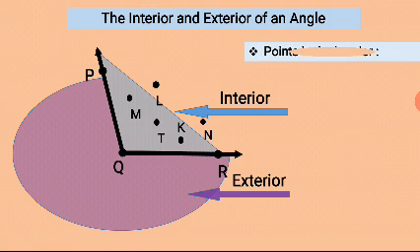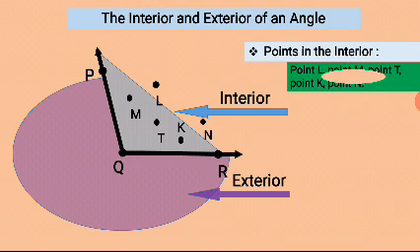So the points in the interior are point L, point M, point T, point K and point N.